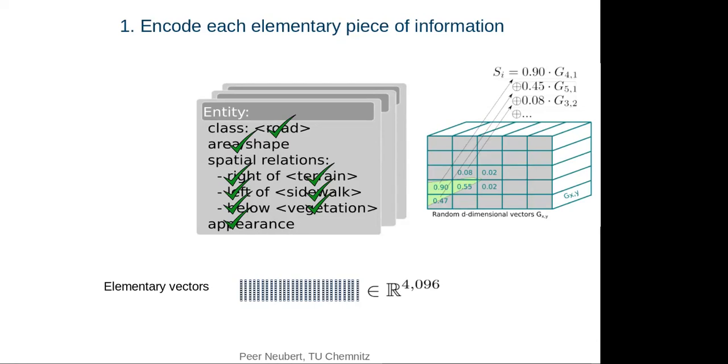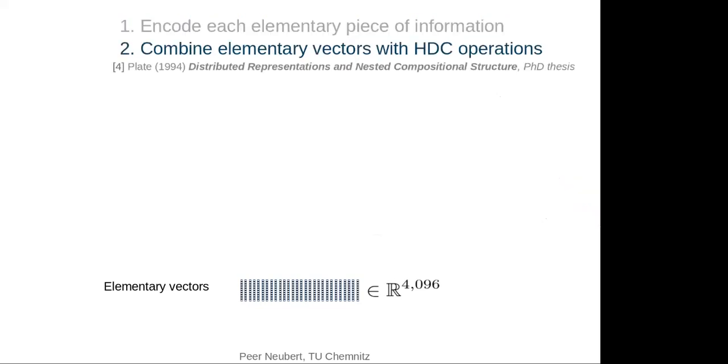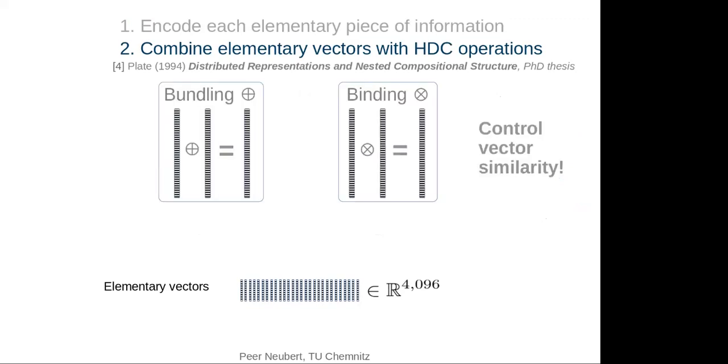And now the second step, we have to combine elementary vectors with those HDC operations again. This is the content of the VSR paper. So here we use the FHRR architecture. So everything is a complex valued vector. Again, the idea is we use bundling and binding to control the vector similarity.